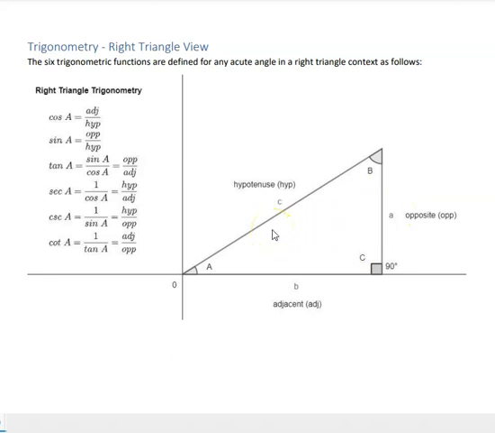And as we zoom this triangle, the proportions, the ratios stay the same, and the angles stay the same. So it's always going to be true that you can find the same cosine for this angle.